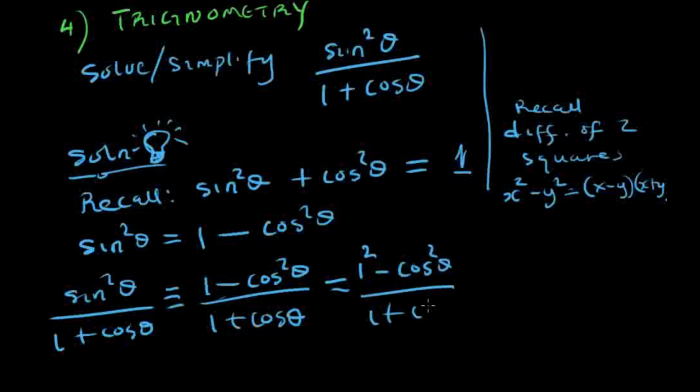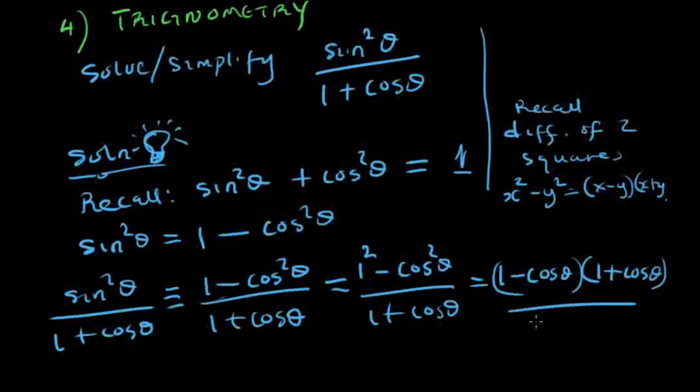This is resolved as (1 minus cos theta)(1 plus cos theta) over 1 plus cos theta. At the end of the day, you see the cancellation and you're left with 1 minus cos theta as the final answer.